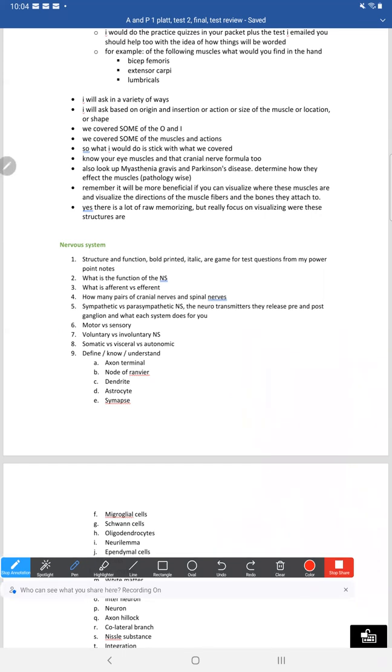Okay, motor versus sensory. Now that one got quite complicated, especially when we were doing our cross sections of the spinal cord, right? So sensory is body to brain, and then motor is brain to body.